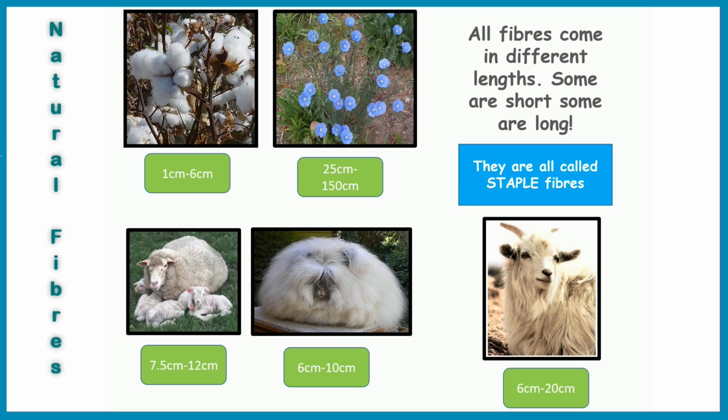And then the cashmere goat is even longer than that, and that's really like silk. And some places you open up the goat's hair, like on the side of it and on the underbelly, and oh my god, it's just like silk. It just shines like gold. And all these short fibers are called staple fibers because they're short.